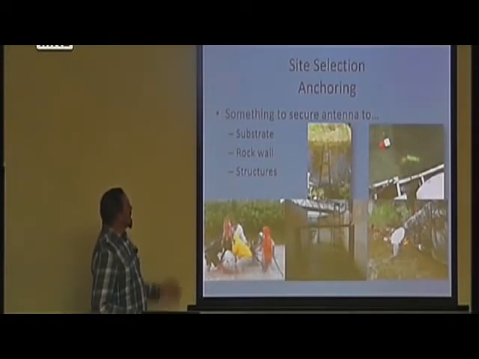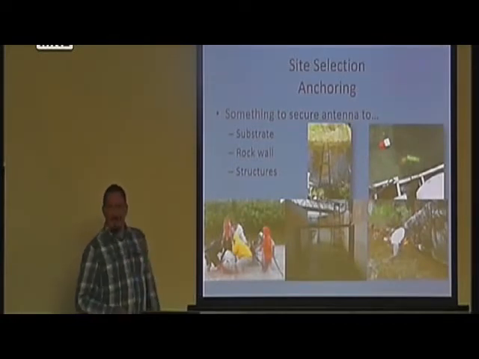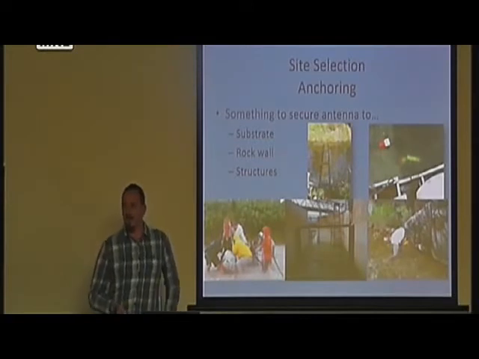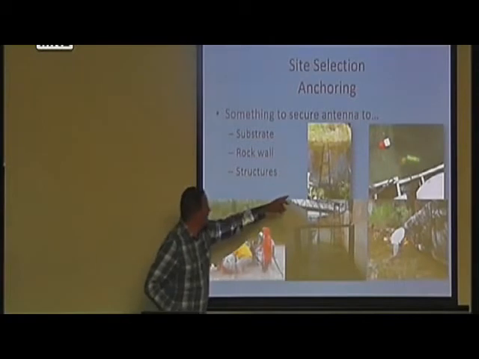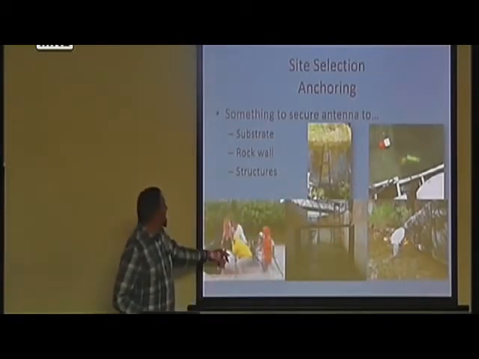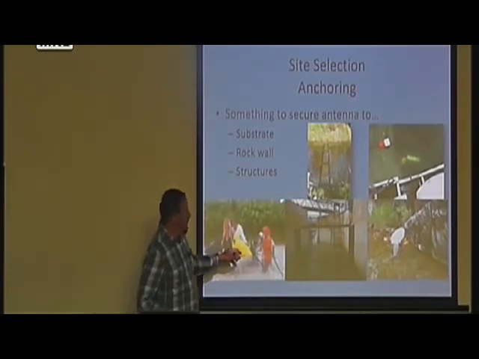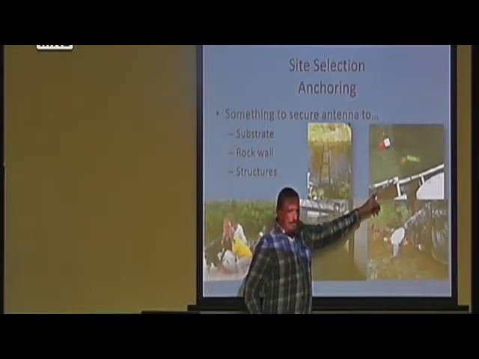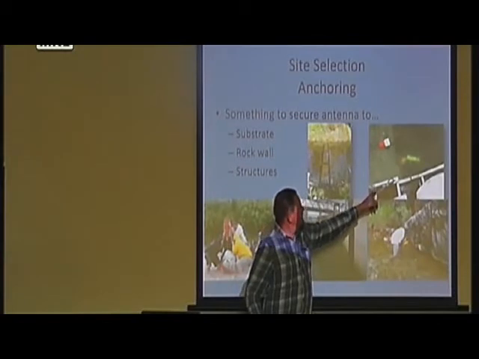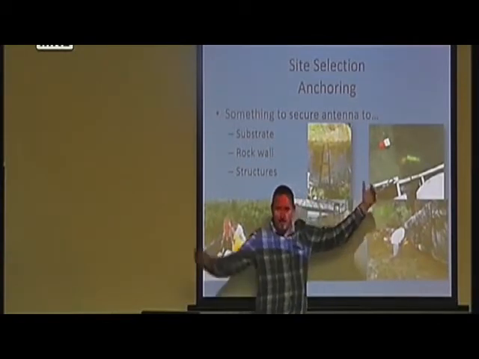So also, when you're looking at your site, you need somehow to anchor your antennas in the water. So you're either going to use the substrate of the river itself. So you're going to drive in some of these anchors I'll show you. This project over here, I think the project was in the $500,000. They've got a big barge with divers on it.